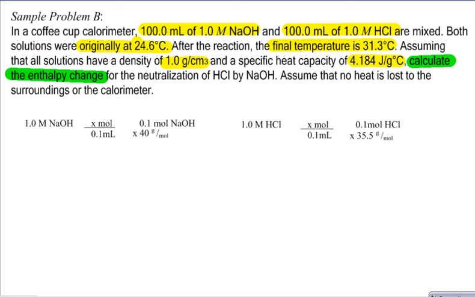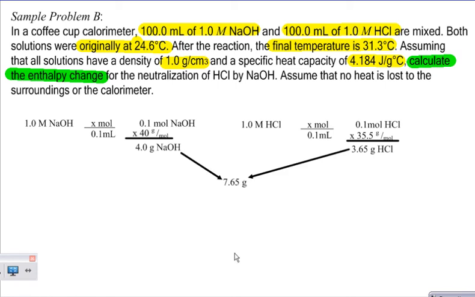Once we do that, we'll be able to figure out how many grams we had in the overall sample. So we had 4 grams of sodium hydroxide, 3.65 grams of hydrochloric acid. Together, they made up a total mass of 7.65 grams for the entire reaction.